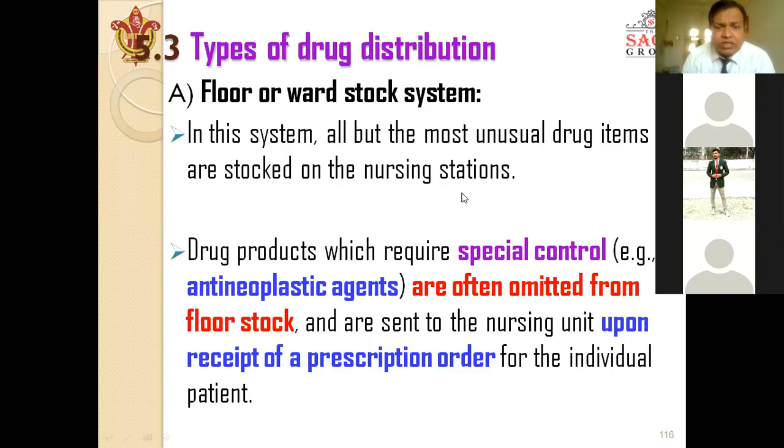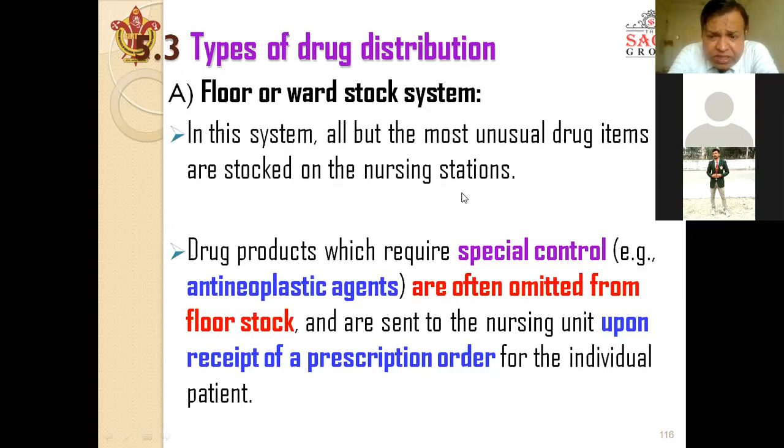Now, drug products which require special control, like anti-cancer drugs, anti-neoplastics, are often omitted from the floor stock. These drugs are supplied on the basis of prescription and are sent to the nursing staff unit upon receipt by the pharmacy of the prescription order for the individual patient.